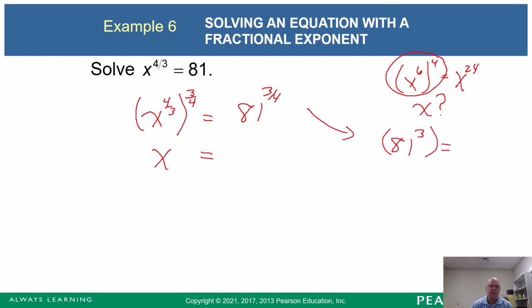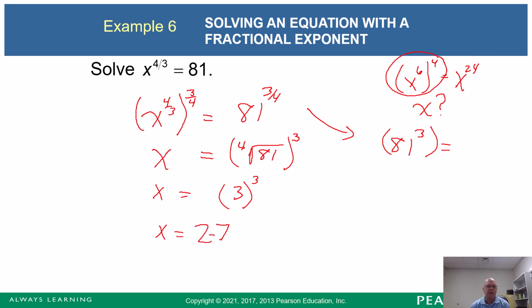However, if you take my advice, which usually is helpful, take the root first, and then take the power afterward. The 4th root of 81 is 3, and we still have the cube, and so our x is 27.